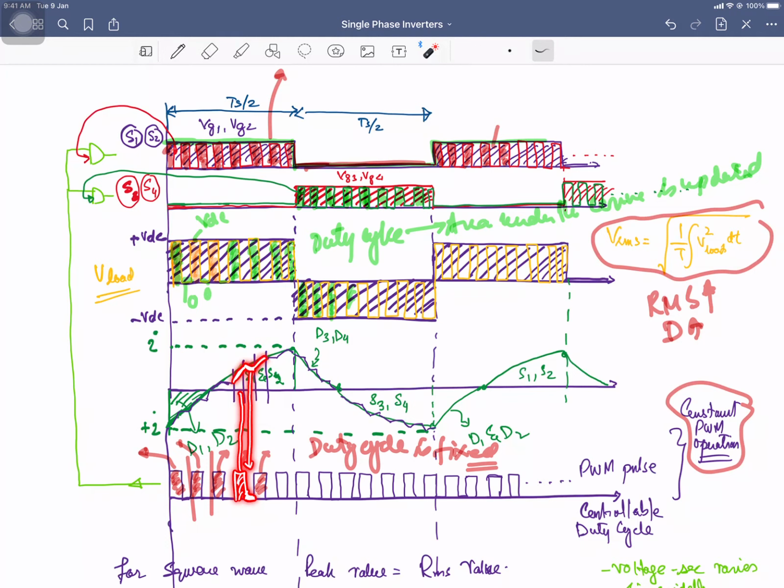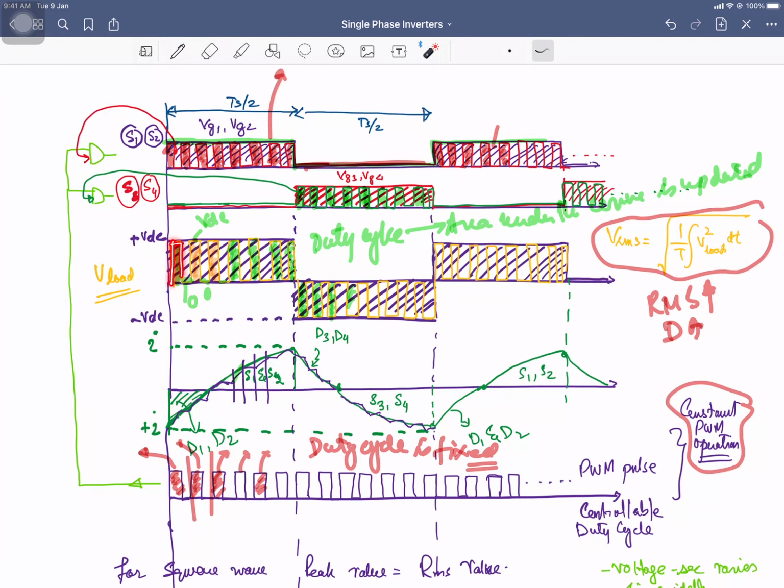And once you apply the gate voltage again, you can see over here gate voltage is applied, so what do you have? You have the rising current. Then at 0 volt the current will be decreasing, then plus VDC, so the current will be increasing. So you will be observing the current waveform like this in this case.